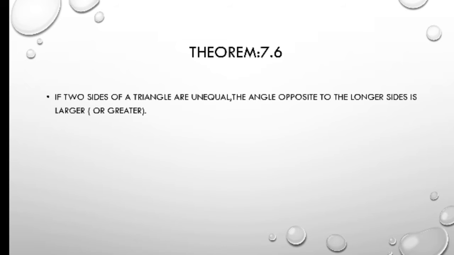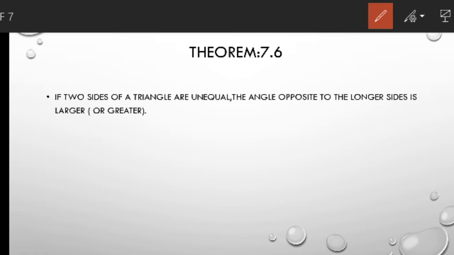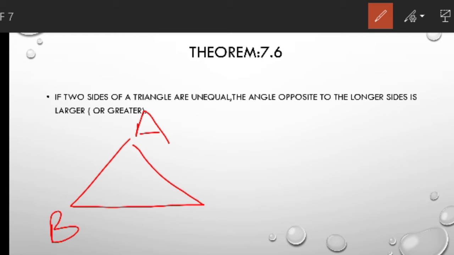The first theorem that we are going to see over here is Theorem 7.6. It says if two sides of a triangle are unequal, the angle opposite to the longer side is larger. Suppose we have a triangle ABC.